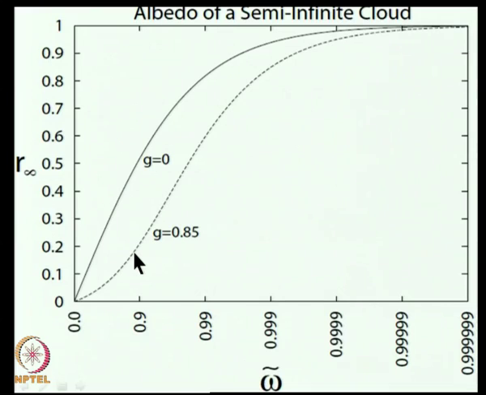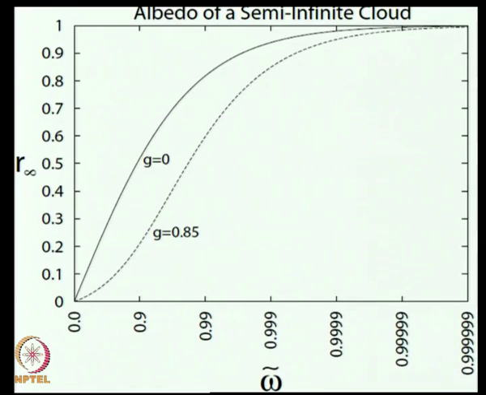It's a huge difference. But as you go to very high single scattering albedo like 0.99 or 0.49, you can see that it does not matter whether the scattering is symmetric or asymmetric, because ultimately you are reaching the value of 1.